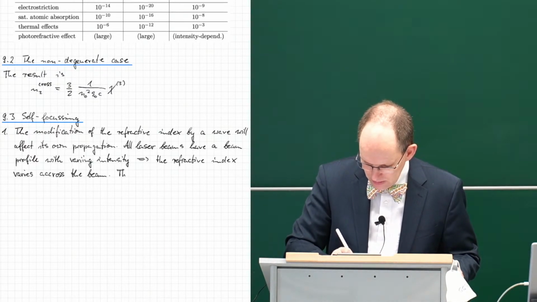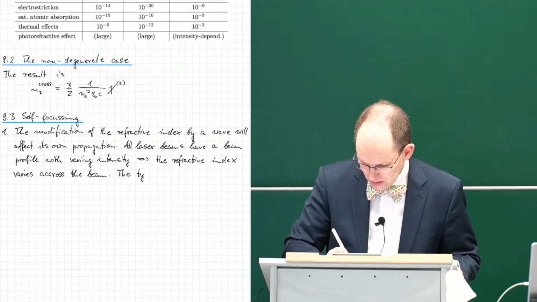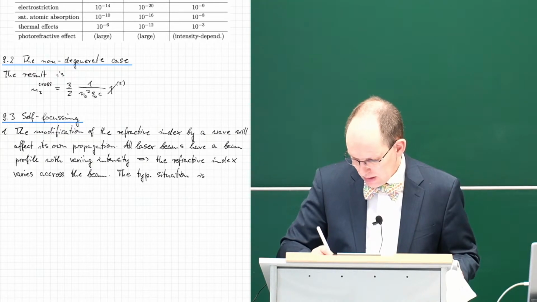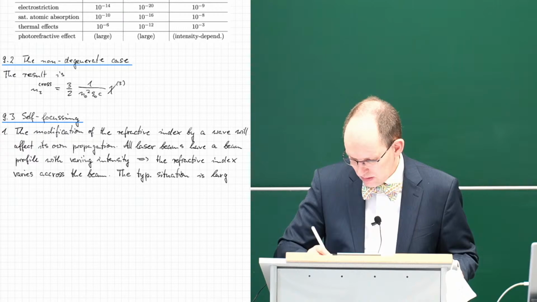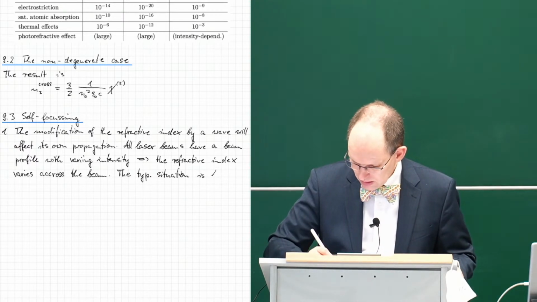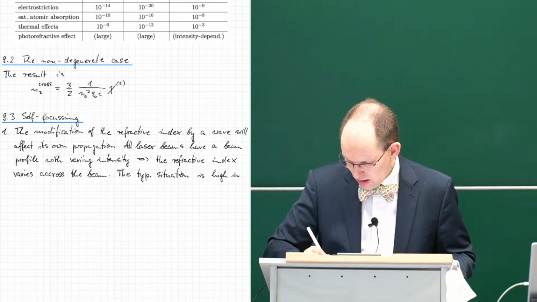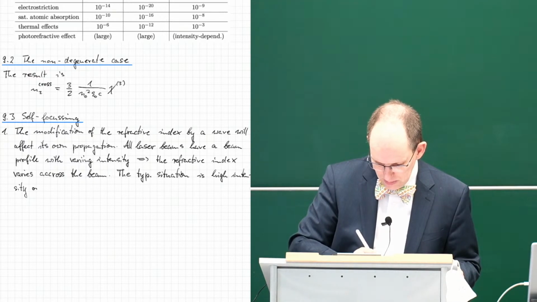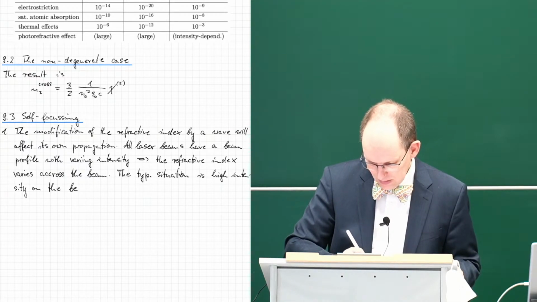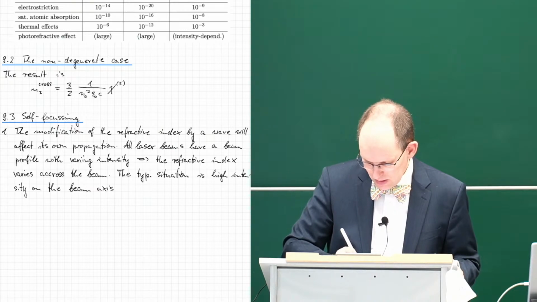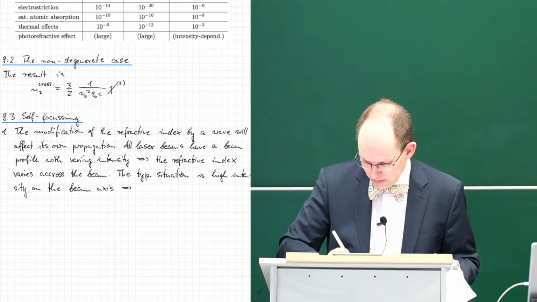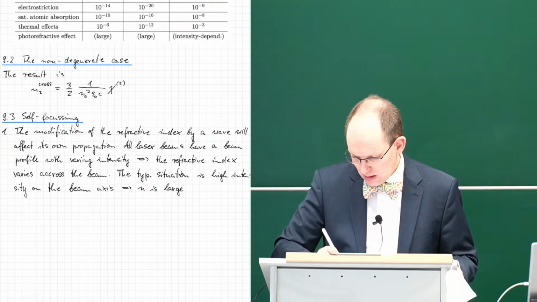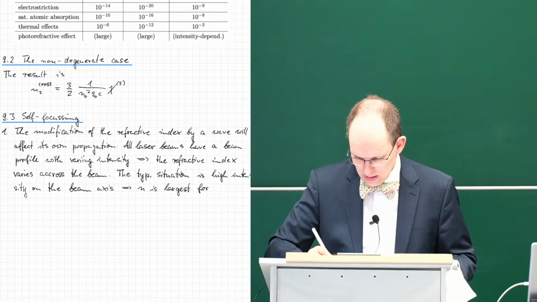So the typical situation is high intensity on the beam axis and therefore the refractive index n is largest for the central ray.